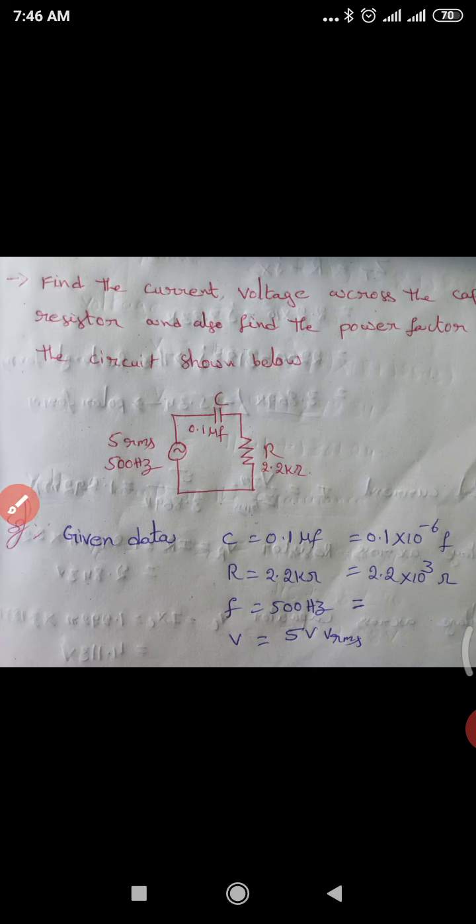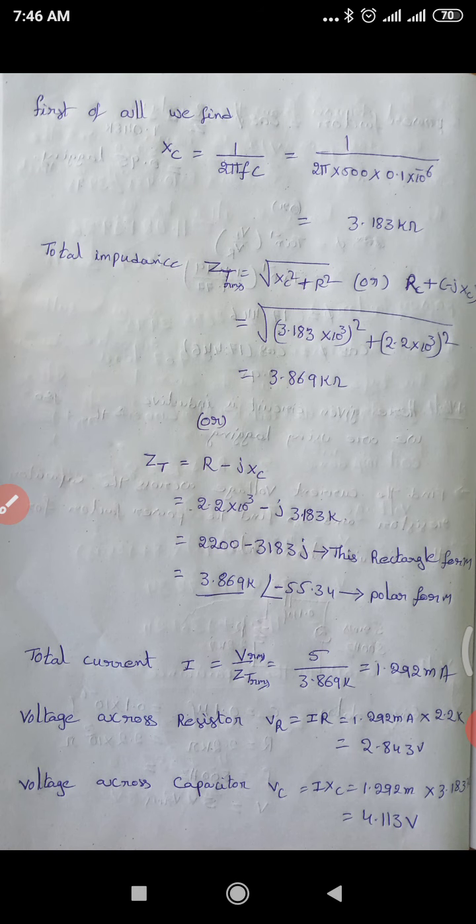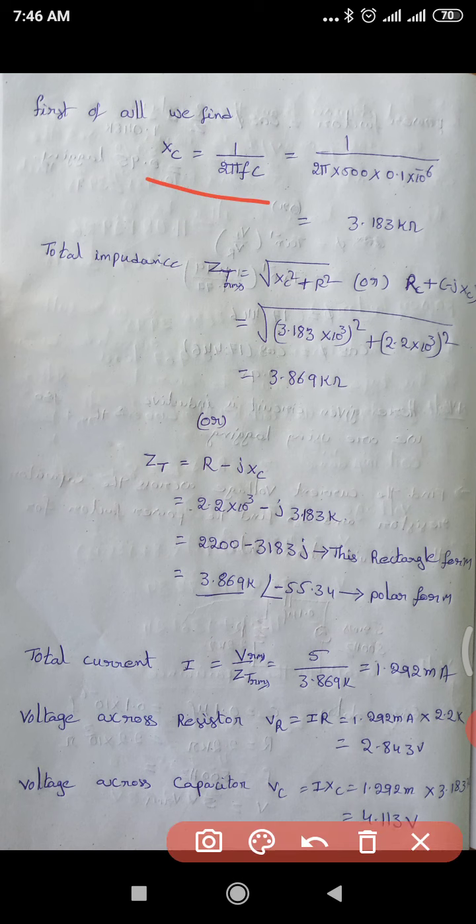The formula for finding XC is 1 by 2 pi FC. Substituting the values, 1 by 2 pi into F equal to 500 and C equal to 0.1 into 10 power minus 6 farads, we get 3.183 kilo ohms.